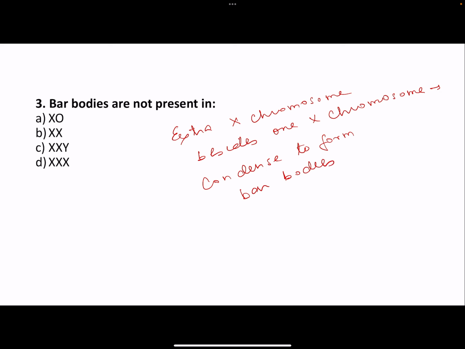So we can calculate the number of bar bodies by the formula, that is n minus 1. Here n is number of X chromosomes.